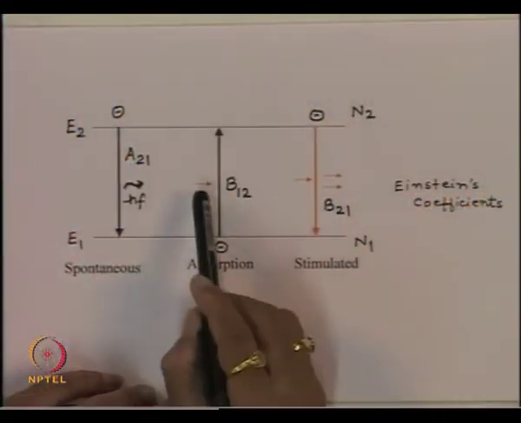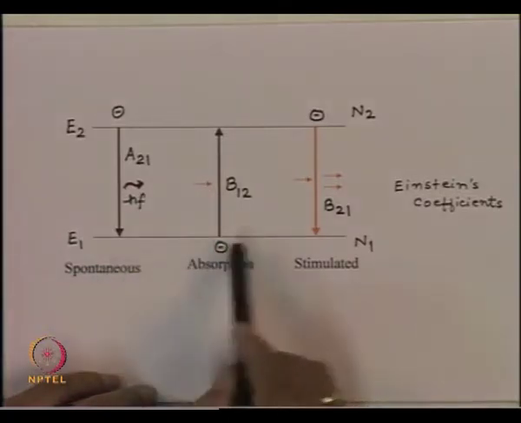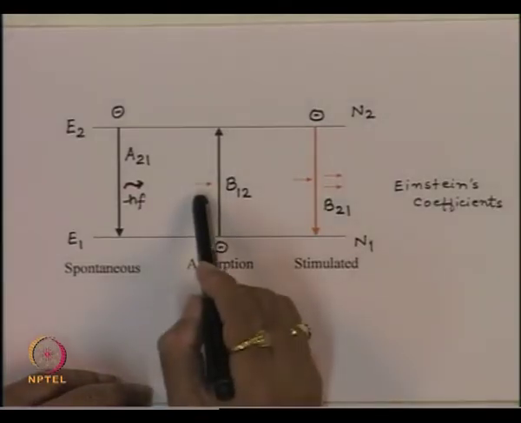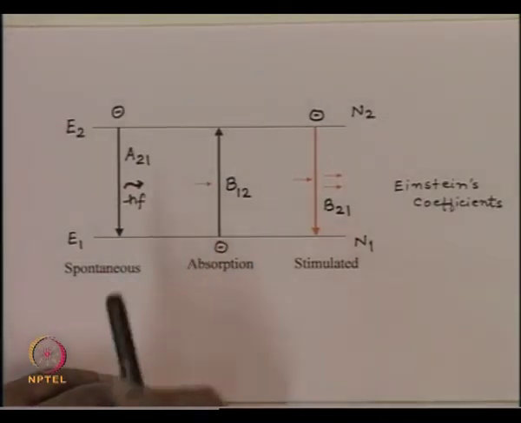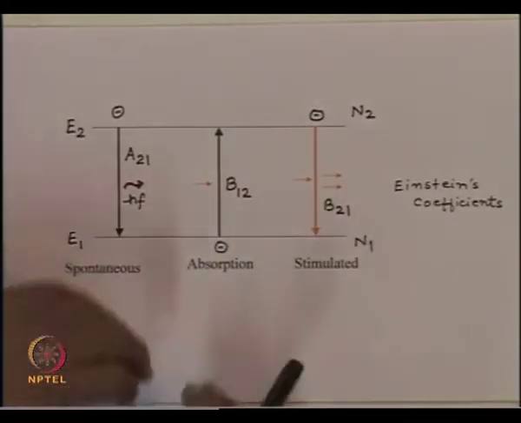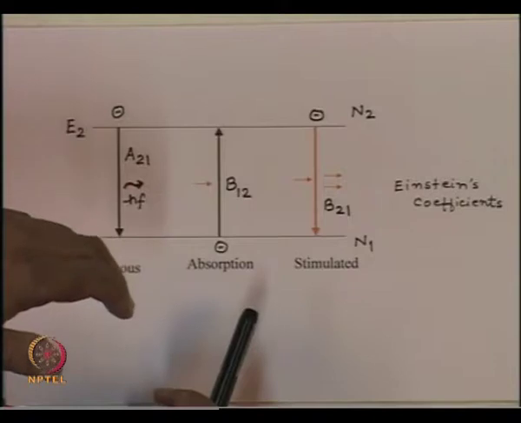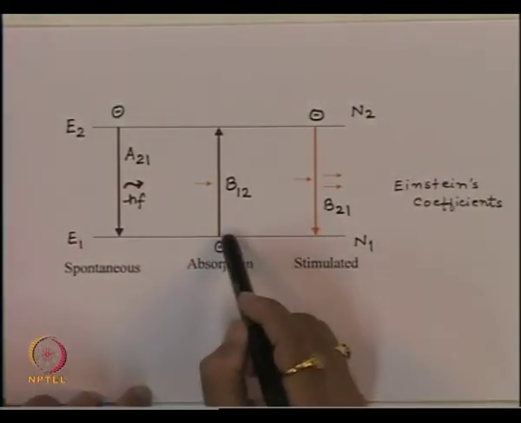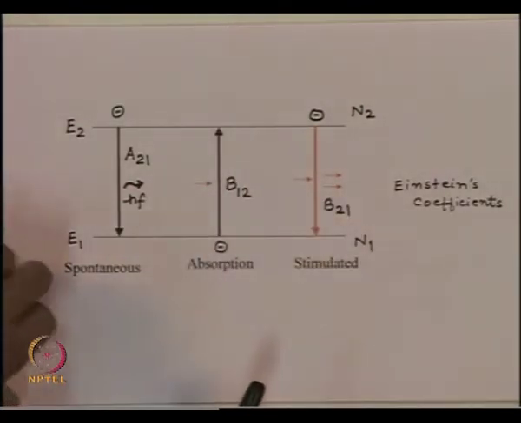However, what one can note here is that when the energy is supplied in the form of this photon for transporting electrons from here for creating population inversion, these photons need not be spatially coherent. So they can be coming from various directions. Only if they are temporally coherent can they supply the energy which is exactly equal to this difference, and electrons can be transported from here to here.